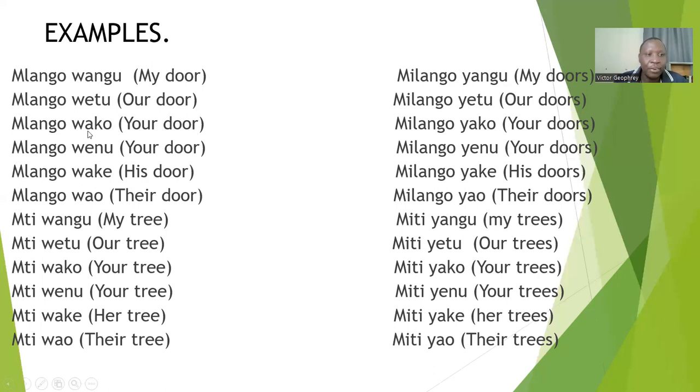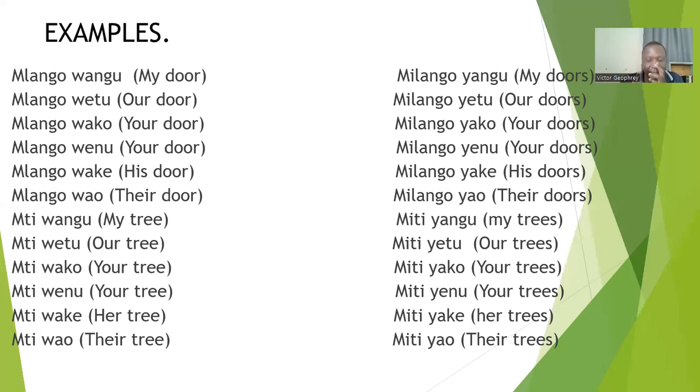Remember, this is ako. Ako is your in singular. But here, the principle is the noun is in singular, and we just add w at your. Wako, you, wewe, you. Okay?